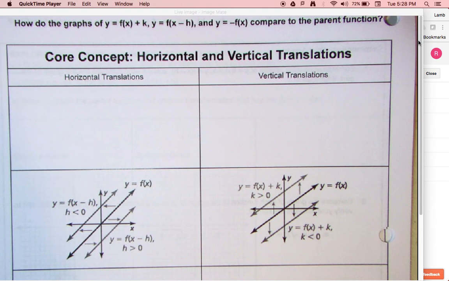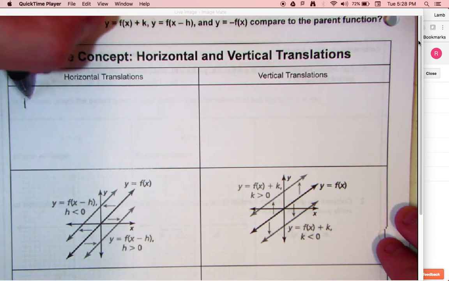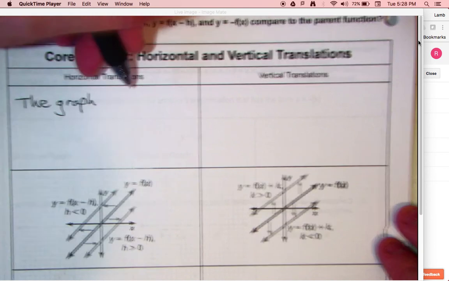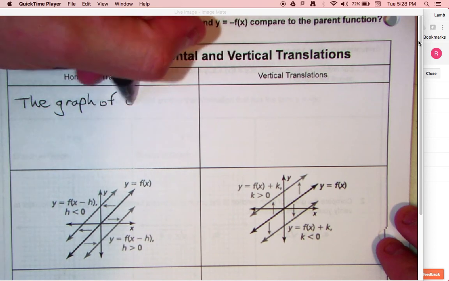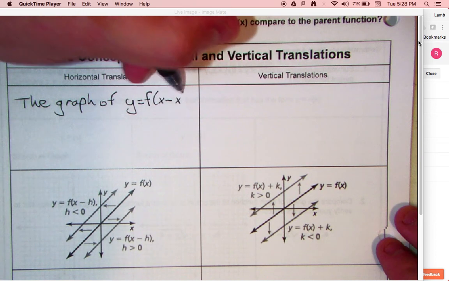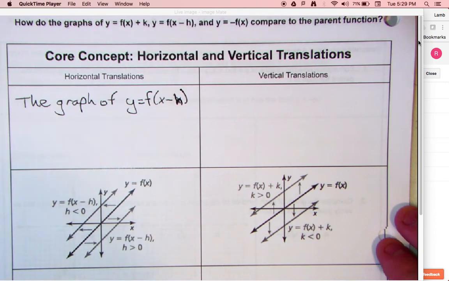If you remember, a horizontal translation is taking a graph and shifting it left or shifting it right. The process of that looks like this, or I should say the definition. The graph of y equals f of x minus h, think of that as a formula.